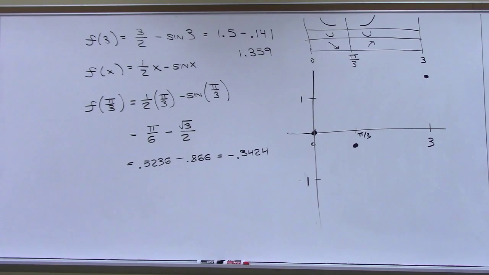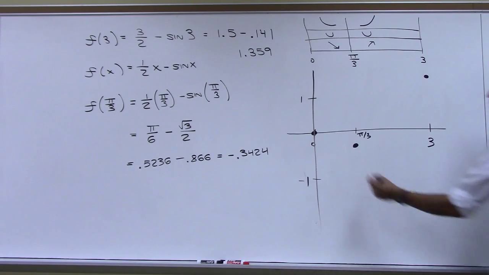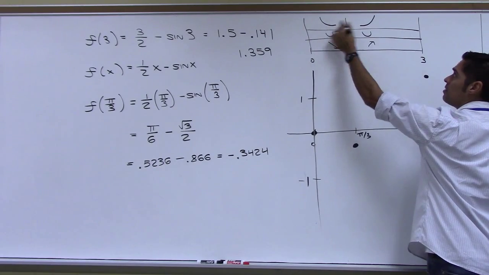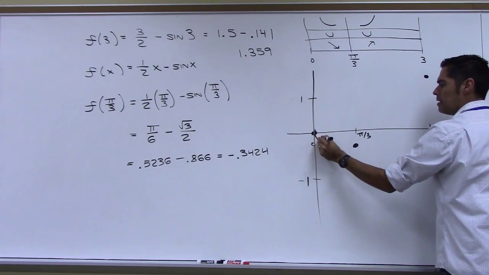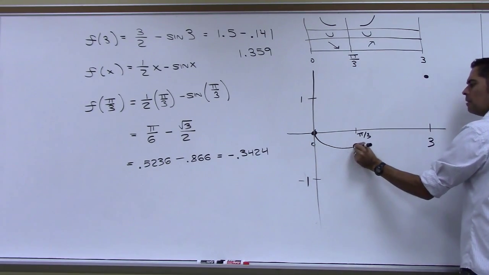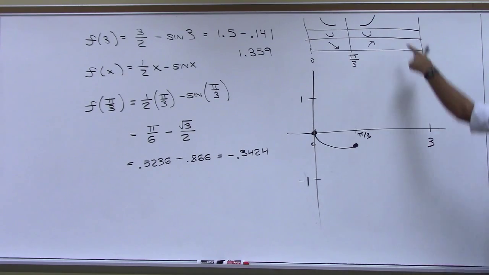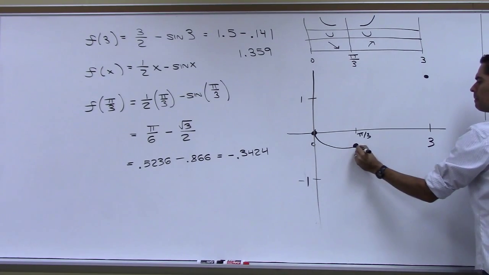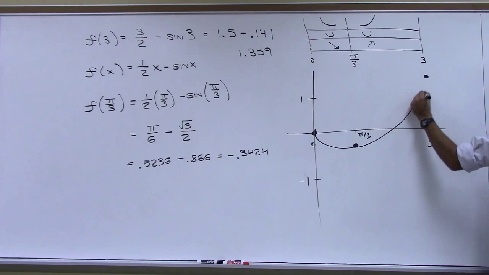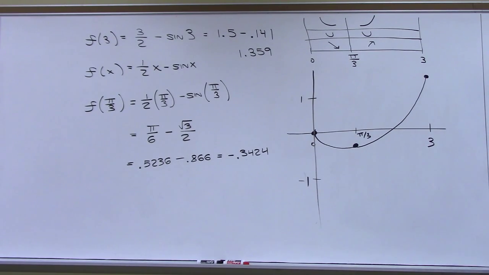Do y'all agree with that picture? So if I draw this, it's got to look like this. It comes like this, local minimum, and then it's got to look like that.